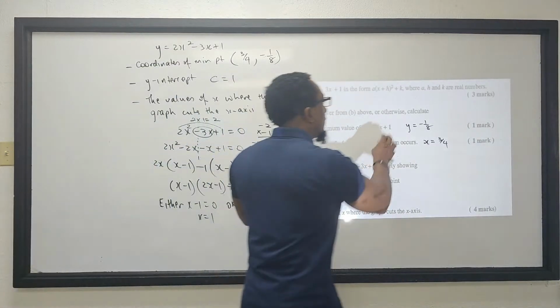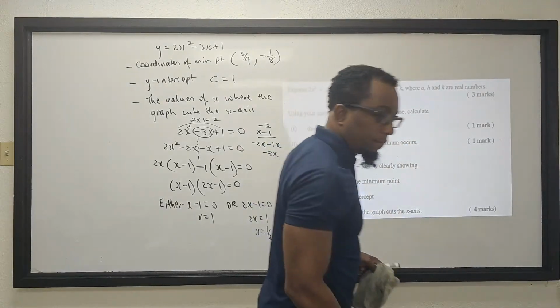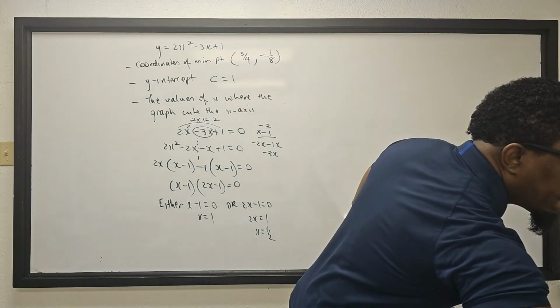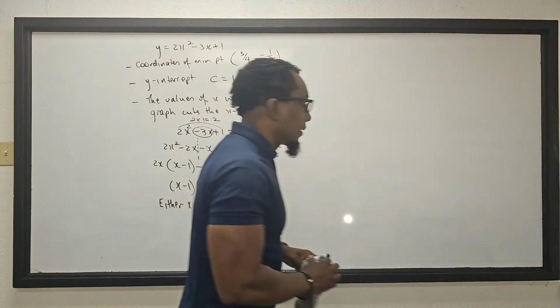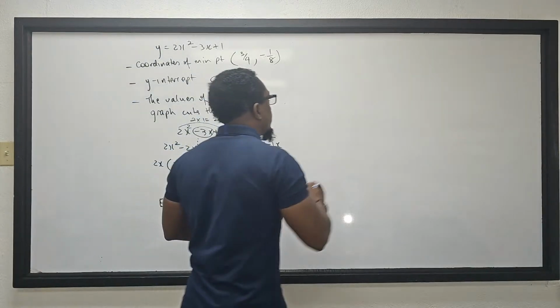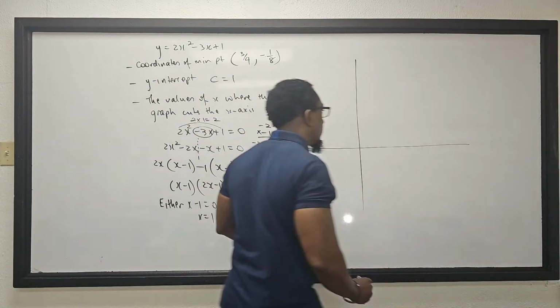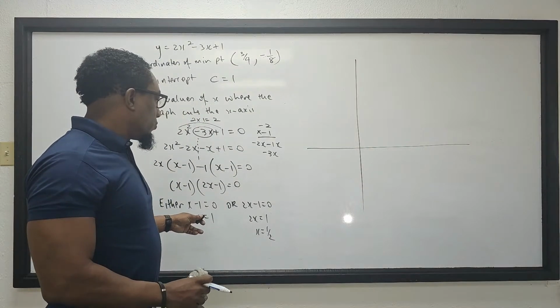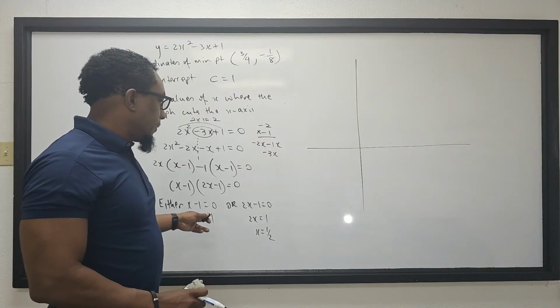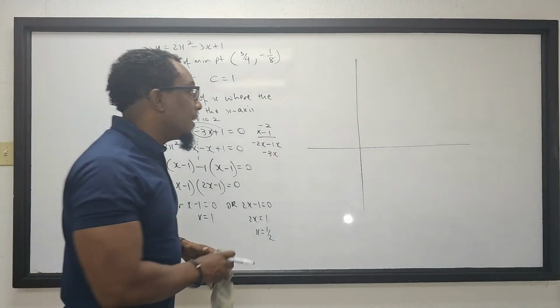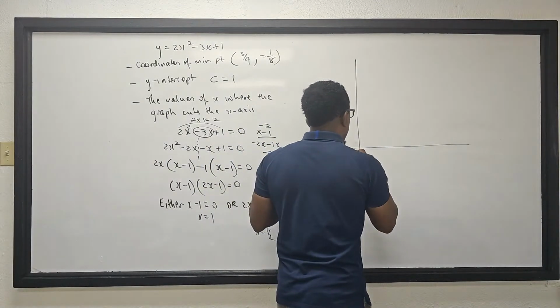So in sketching, we will have here our roots, which are x is equal to 1, x is a half. So I'm going to have 0.